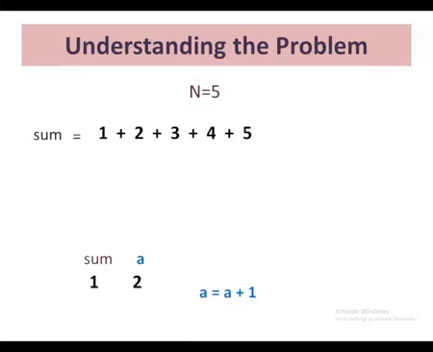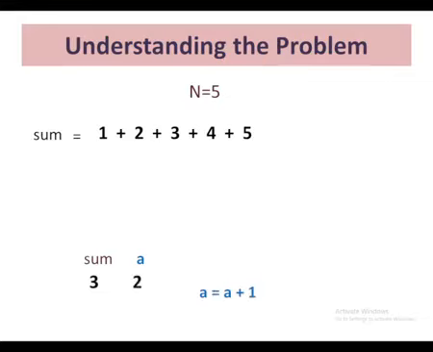Next, I need to add this 1 and 2, that is sum equal to sum plus A. Again I call the expression sum equal to sum plus A, which will give me the value 1 plus 2 is equal to 3. Next, I have to make my A refer to the next value. Referring to the next value is done by A is equal to A plus 1.